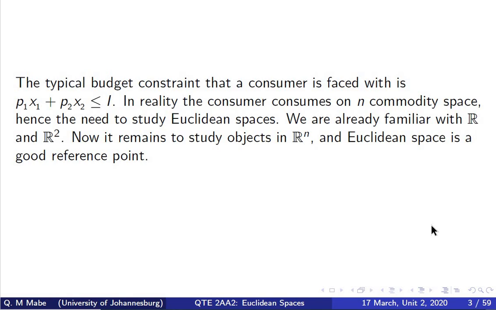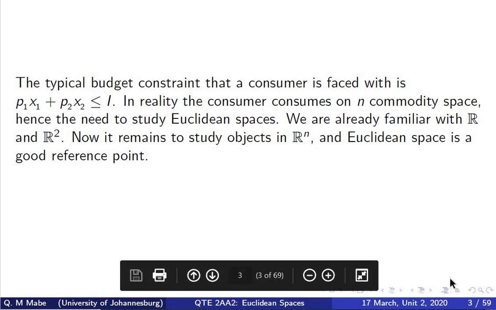But as we move on to higher dimension spaces, it becomes more abstract, as we cannot imagine how these points look like in R4 or R5 because we've never seen a five-dimensional space. In the real world, we're only familiar with three-dimension or 3D. So Euclidean space serves as a reference point where we study objects in higher dimension spaces.